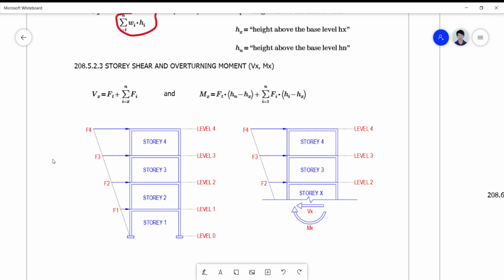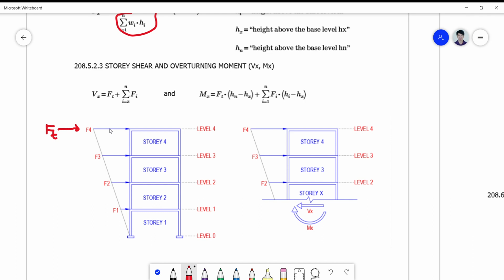Okay, so Vx is simply Ft. There's an Ft here that is included in the base shear if your T is greater than 0.7 second.